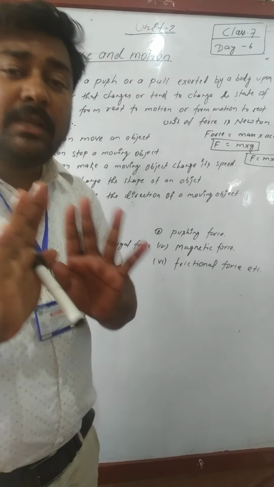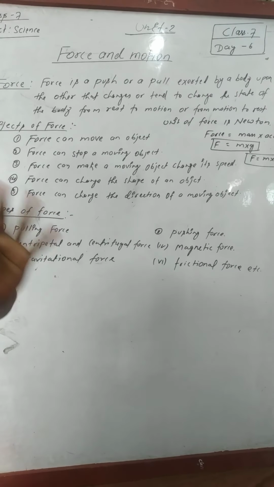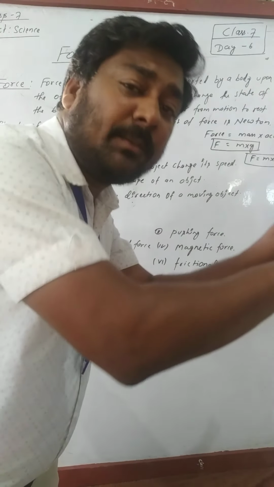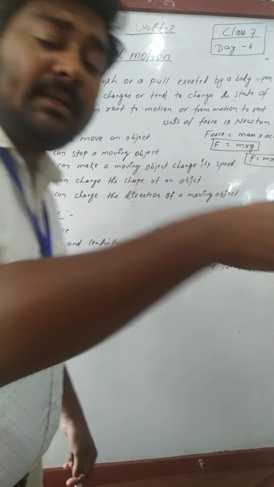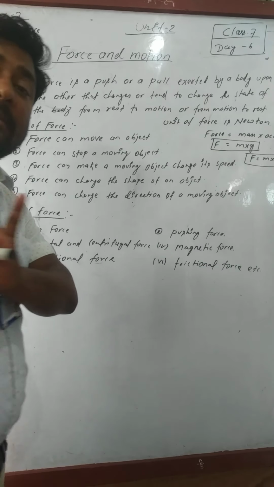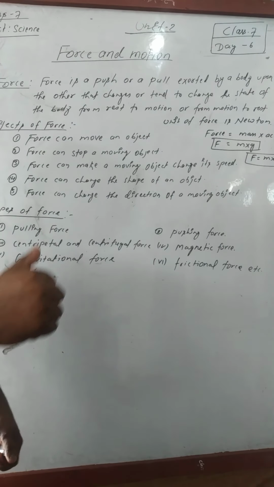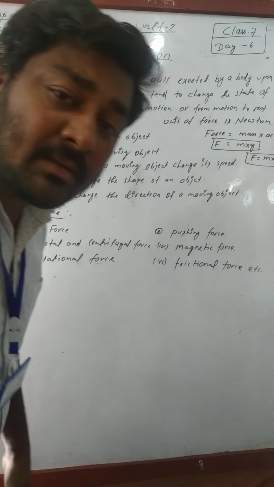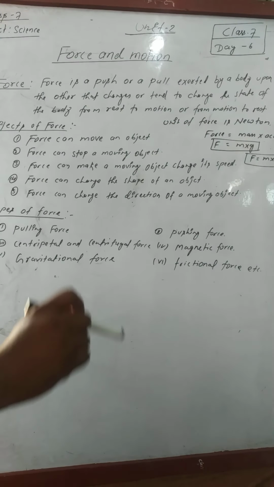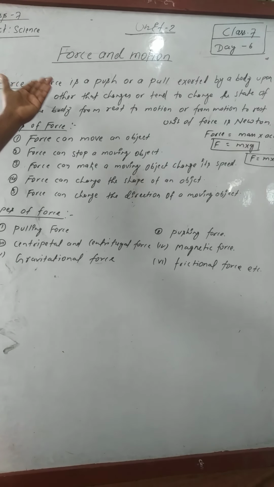If one body pulls or pushes another body, suppose that body is at rest, and an external force is applied by the other body, then it goes from rest to motion, or if that body is in motion, then it moves to rest. Those types of pulling or pushing are known as force.